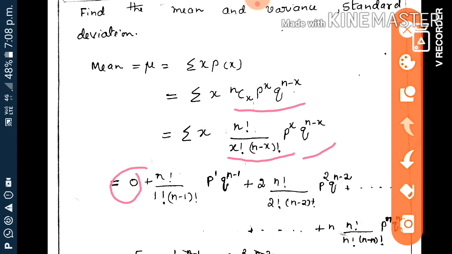When x is 1, n factorial by 1 factorial (n minus 1) factorial p to the power 1 q to the power n minus 1. When x is 2, we get 2 into n factorial by 2 factorial (n minus 2) factorial p square q to the power n minus 2, plus etc. Plus the last term, when x is n, we get n into n factorial by n factorial into (n minus n) factorial p to the power n q to the power n minus n.